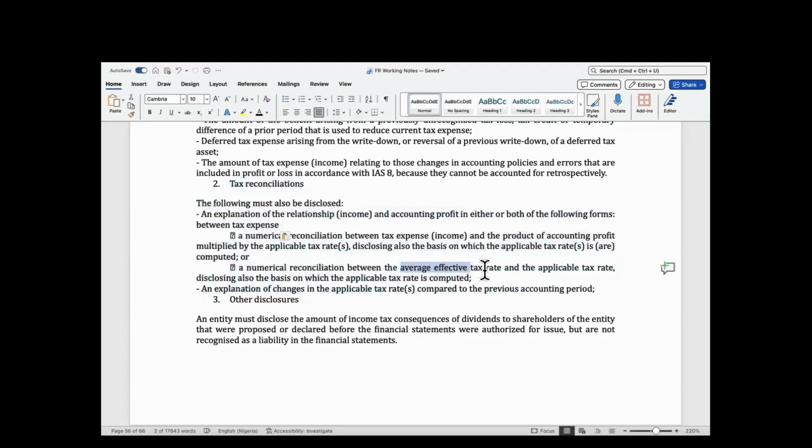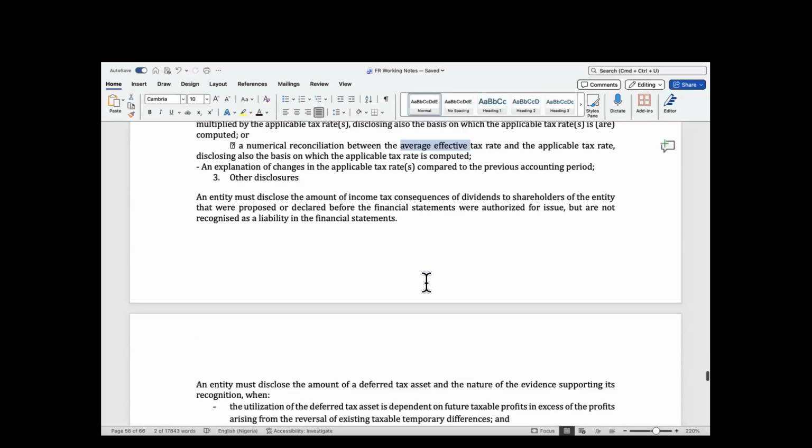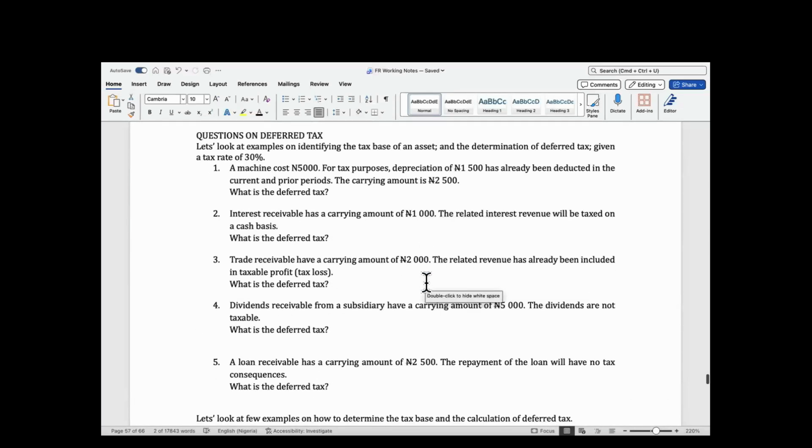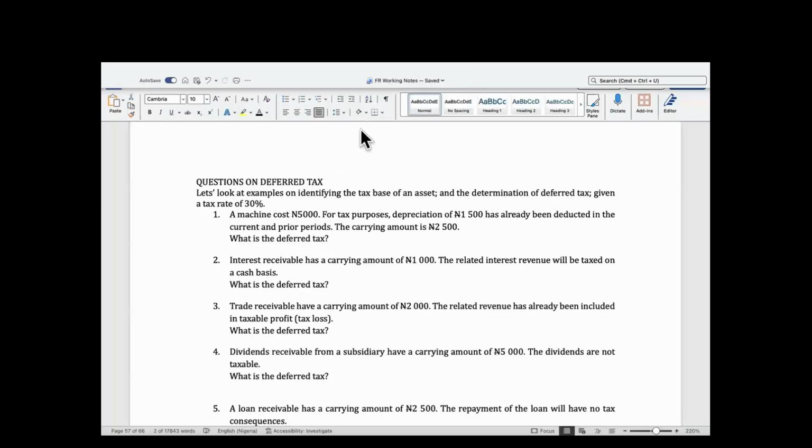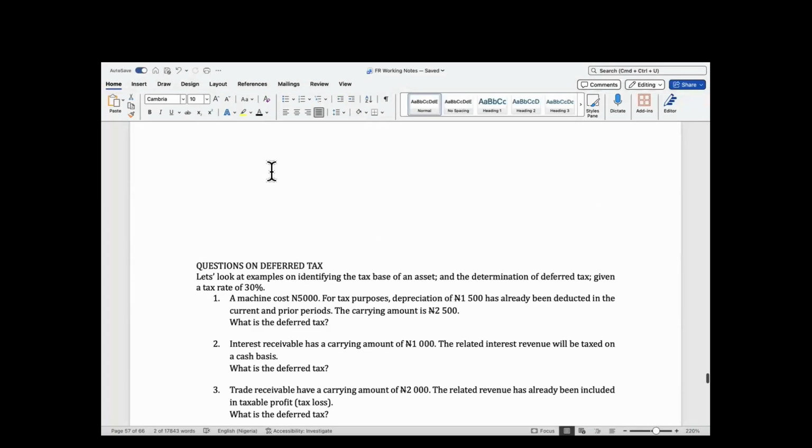Effective tax rate is the tax that you actually calculate divided by your PBT. That's your effective tax rate, and the applicable tax rate is 30%. You need to reconcile that as well. So that is that.